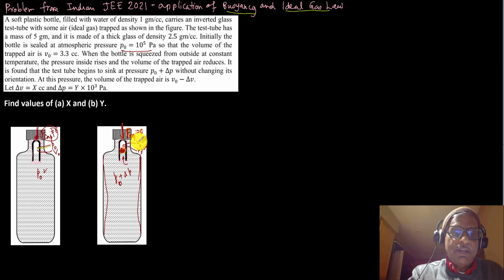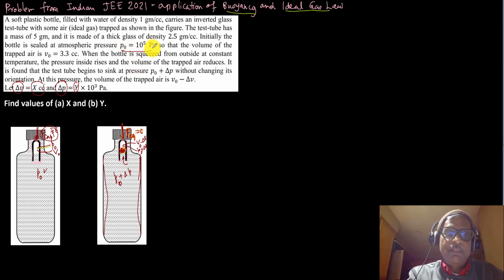We're supposed to figure out, given the data, what the value of delta V is and what delta P is, and give them in cc units and Pascal units, with just the factor that you have to give. Now you can see the units.